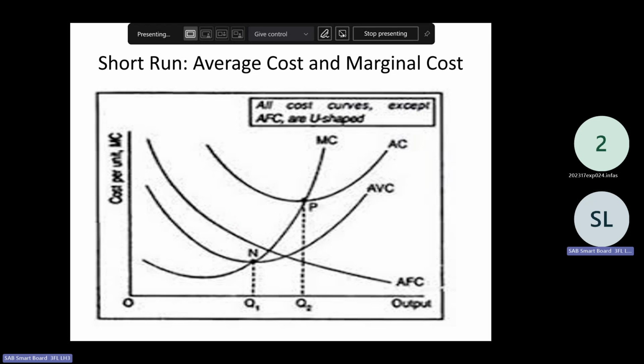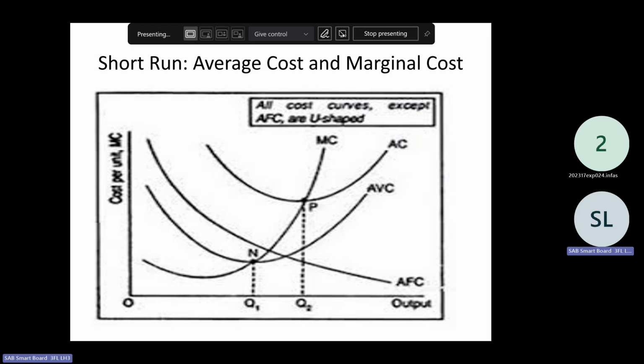The total cost curve is inverse S-shaped. Initially the slope decreases, comes to a minimum level, and after that the slope tends to increase. If you draw tangent lines to the total cost function, the slopes initially decrease, reach a minimum, then increase. So it is U-shaped.